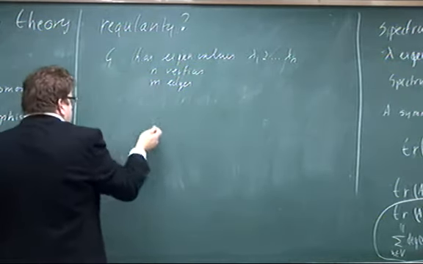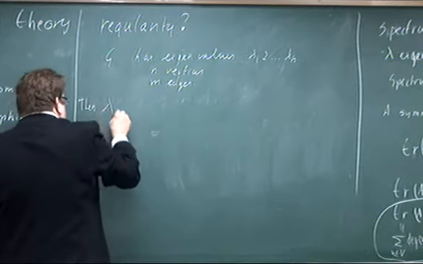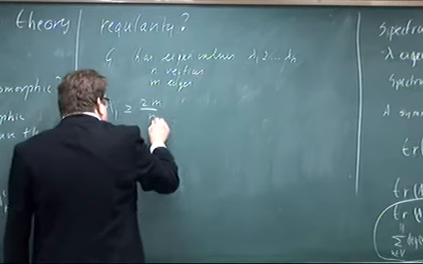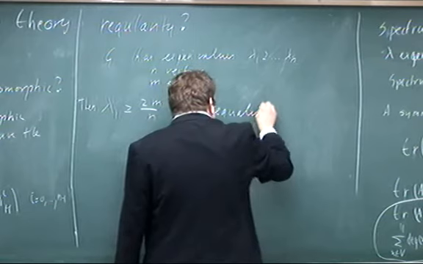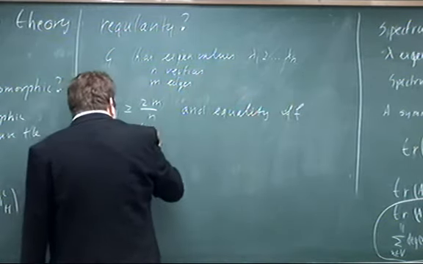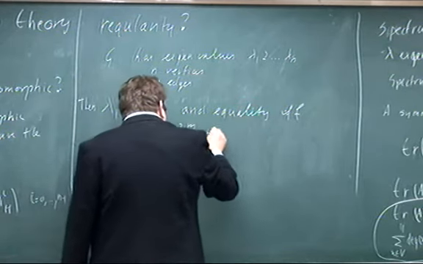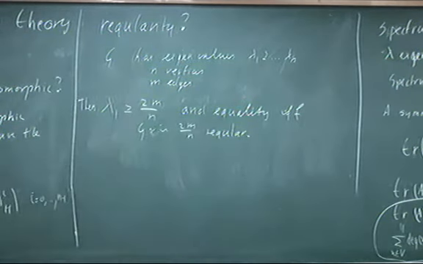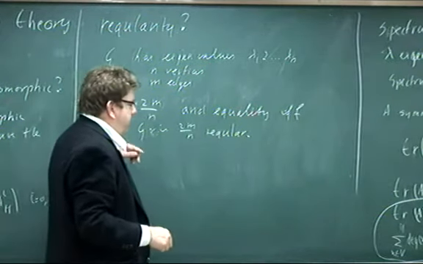Then lambda 1 is always greater or equal to 2 times m over n, and equality holds if and only if G is K regular, that is, 2m over n regular. So this shows that it is determined by the spectrum.